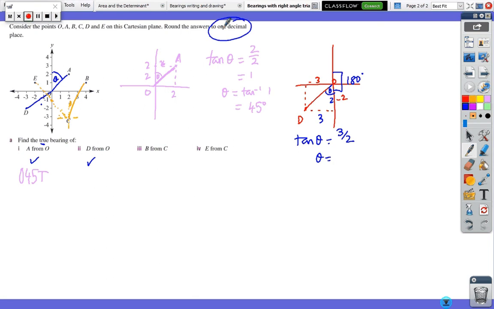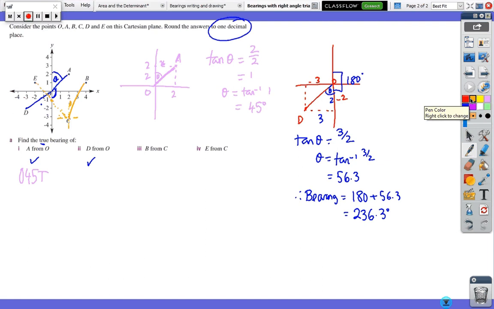Shift tan, so tan minus 1 of 3 on 2 equals 56.3. So the bearing will be 180 plus 56.3, which is 236.3 degrees. Okay, that's that one done.